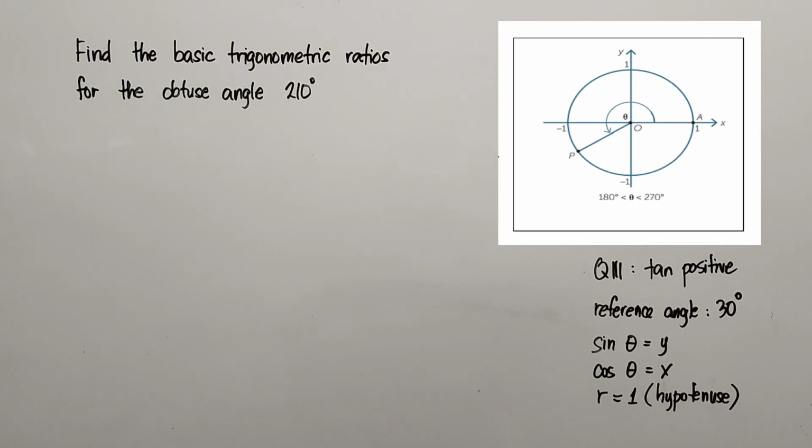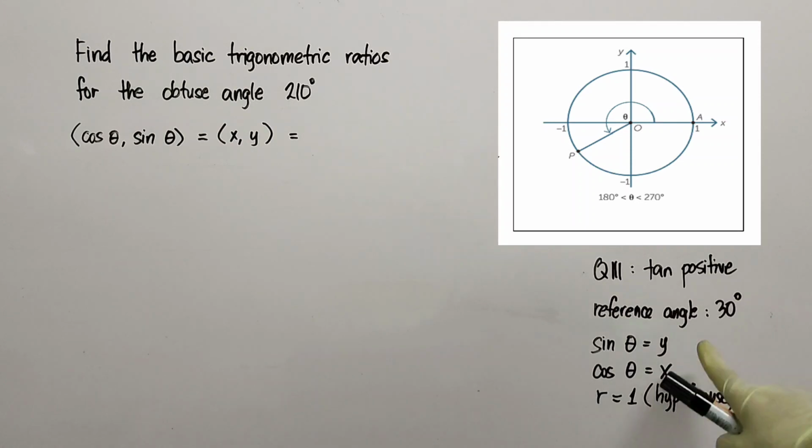In this problem, we need to get the basic trigonometric ratios of this angle. In the module, we are only given 3 ratios. But in this video, I will show you how to get the 6 ratios. We will now get the coordinate of the terminal side of the angle. And this angle is in quadrant 3. So we will be using the cos theta for our x and the sine theta for our y.